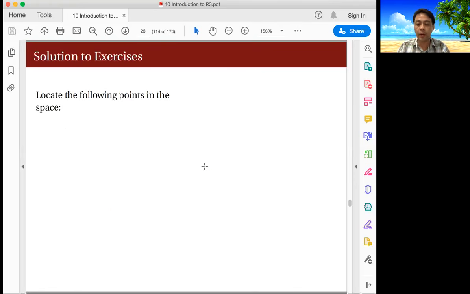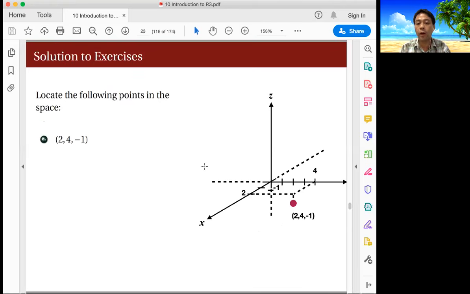So for the first part, let us locate the following points in the space. So what we do is first we mark off 2 units on the positive x-axis, and then we go 4 units parallel to the positive y-axis and 1 unit down the z-axis, and that's the point 2, 4, -1. How about this point?